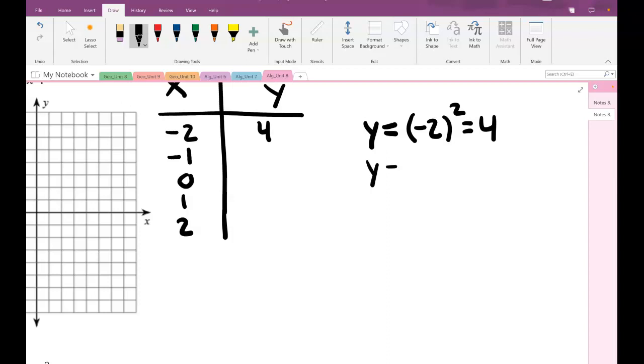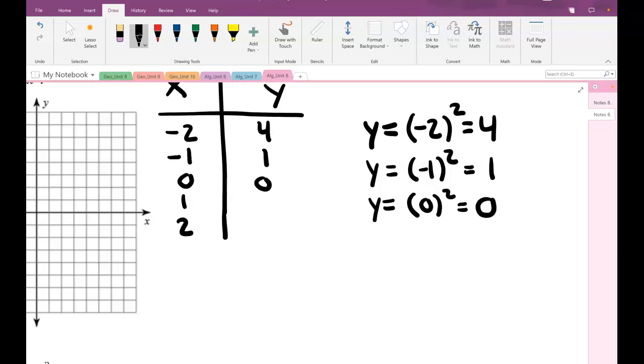Or we could say y is equal to -1 squared. So that's -1 times -1, which is a +1. That will go in our table. We do the same thing for 0. What happens if we square 0? Well, 0 times 0 is going to be 0. So we say 0 squared is equal to 0.